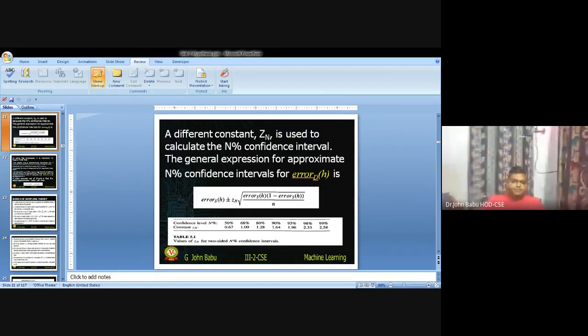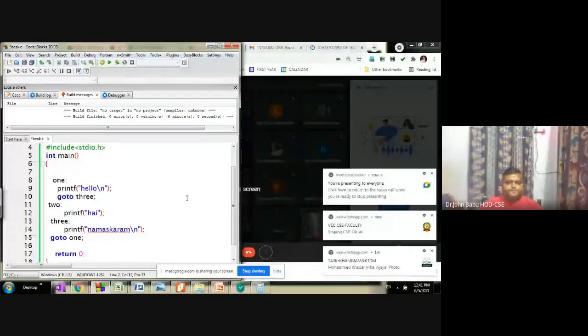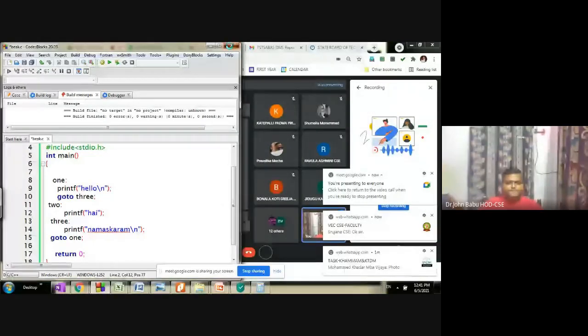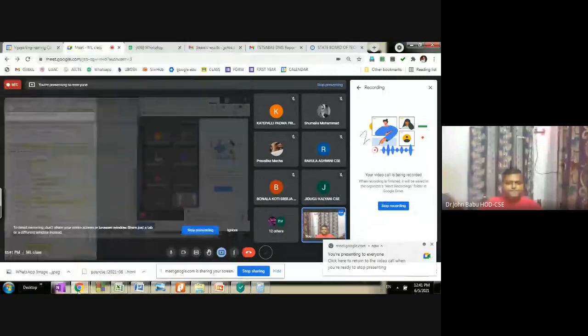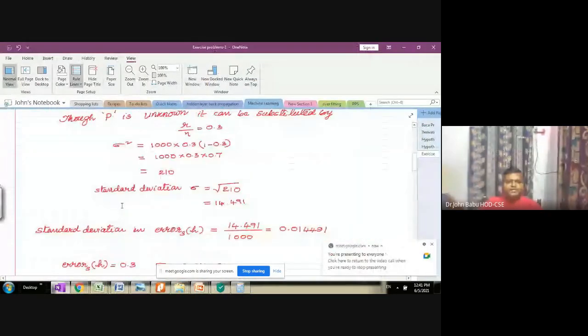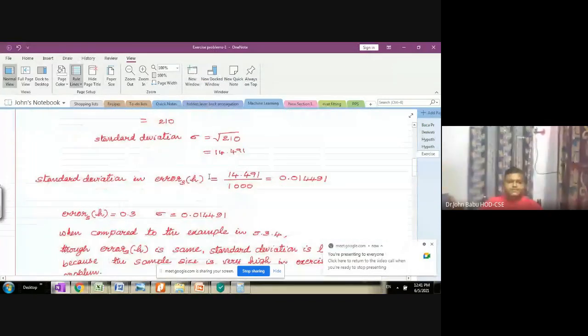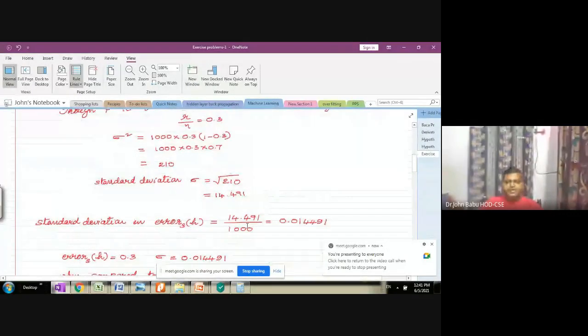We did this in yesterday's problem. In yesterday's problem, the standard deviation of error SH, if you see, we have calculated the variance, general standard deviation, and standard deviation in error SH is equal to this standard deviation by number of samples.